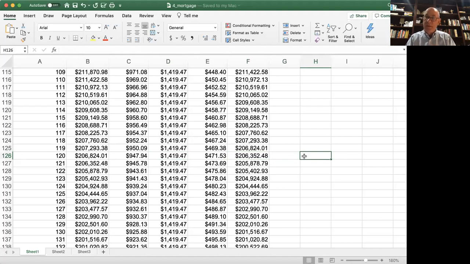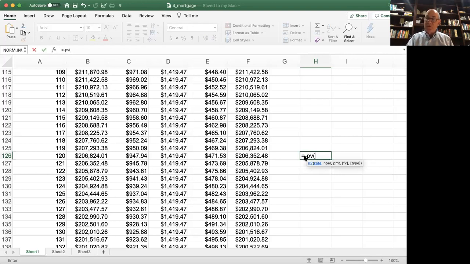We're going to use the PV function because that's the function to use, the present value. And the rate, what is the interest rate? Well, you might remember, we labeled the interest rate way up here at the top of this spreadsheet. I think it was 5.5%. It's given as the APR, and we needed the monthly rate.